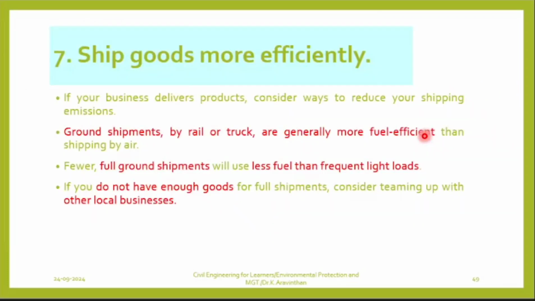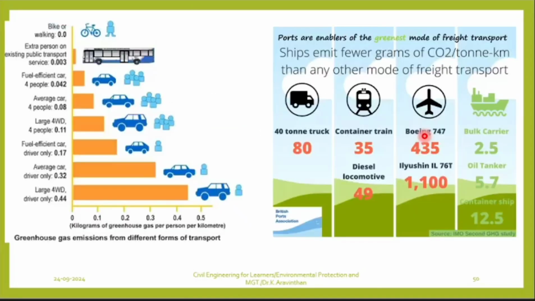Why am I discussing this here? Ship goods more efficiently. What is the efficient mode of transportation? Ships. According to distance, you have to decide. That is for raw materials. If employees are coming to an organization, which mode is most efficient? If you come by bicycle or by walking, how much CO2 is exhausted into the environment? 0.